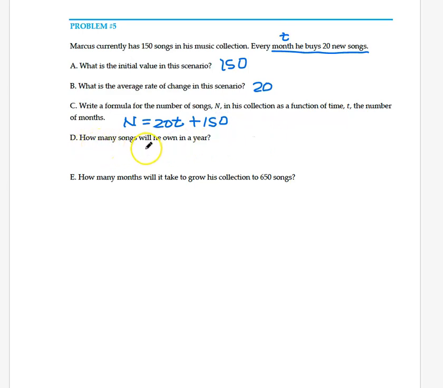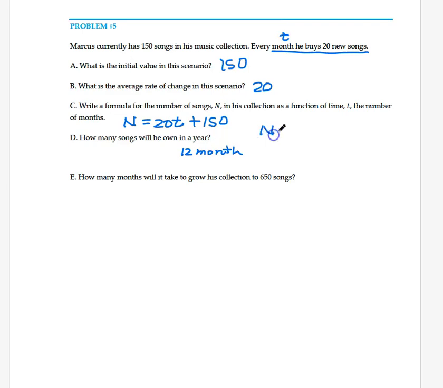So part D, how many songs will he own in a year? Well, remember, t is in months, so we need to put the year as months. We're going to be using 12 months for this, not 1 for our t. So let's put that in there.